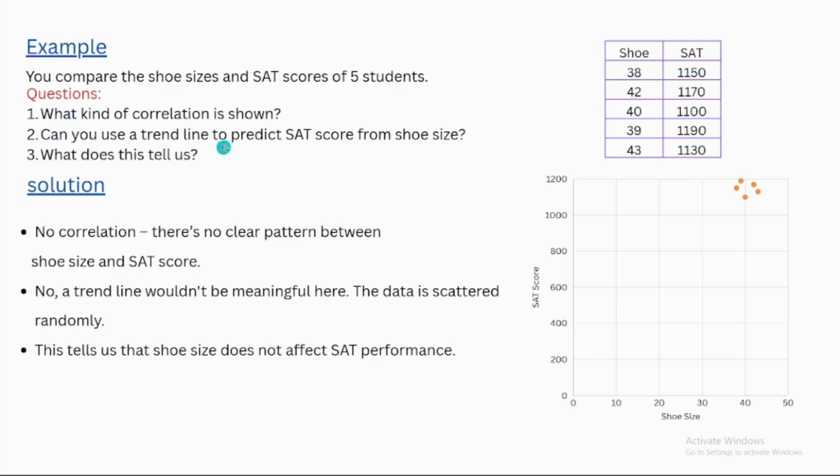Can you use a trend line to predict test score from shoe size? Of course, we can't make a line of trend. What does this tell us? This tells us that shoe size doesn't affect test performance.